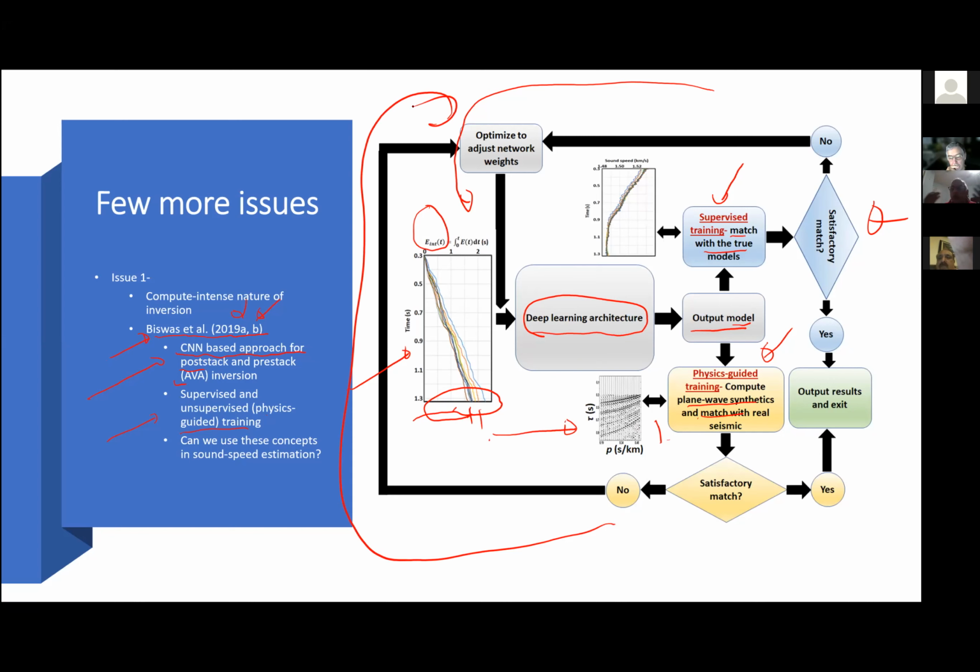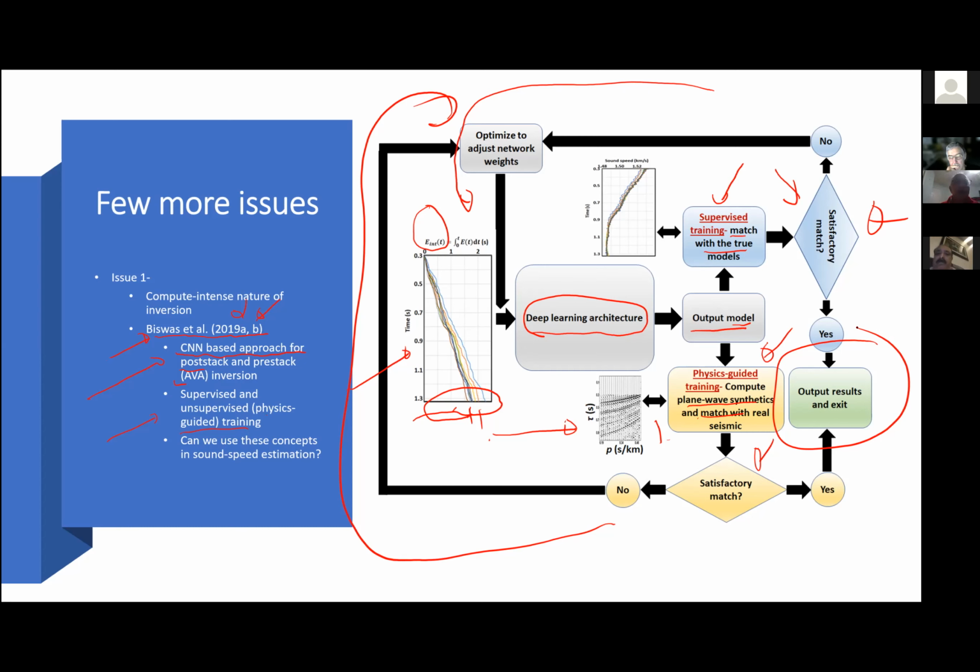And once the match is satisfactory, through either the supervised or unsupervised physics-guided approach, you output results. It would be interesting to see, since this data set is from the South China Sea, if we train the network on South China Sea data and get those results, can we do domain adaptation?